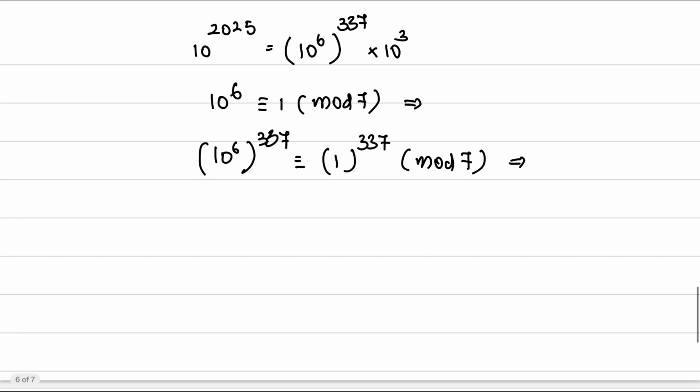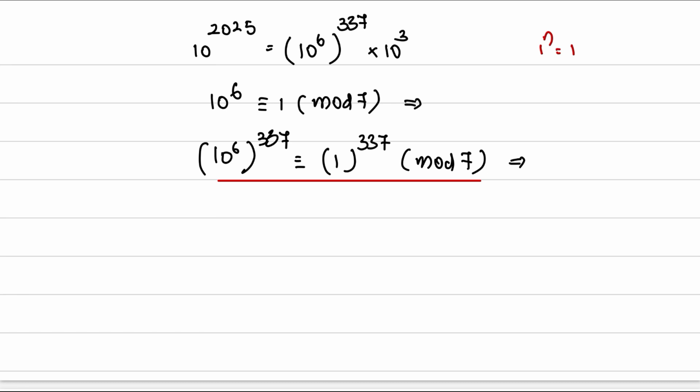That implies, because it's a very crucial step, please try to understand this. 10 to the power of 6 to the power of 337, what did I make? Here the remainder is 1, 1 to the power of 337 mod 7, that remains the same. What is the value of 1 to the power of n? Any value of n, that is 1 only.